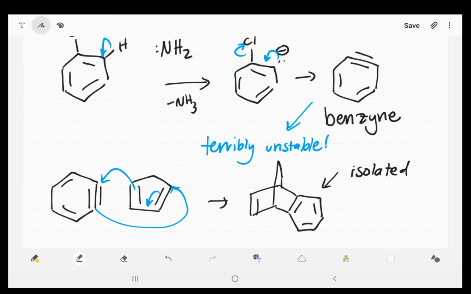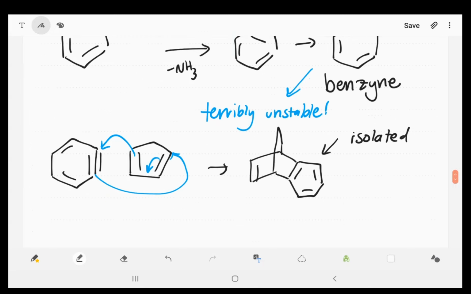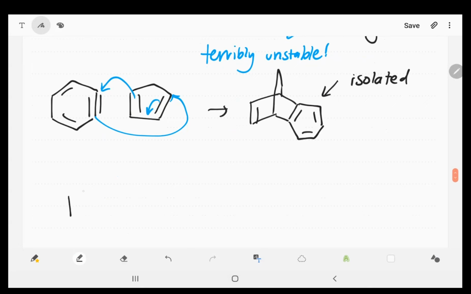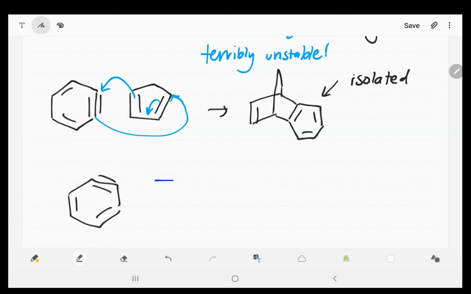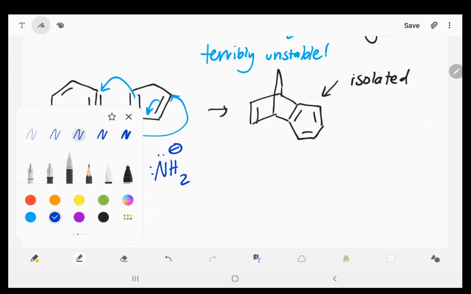And therefore, we can go ahead and react it. So let's go ahead and take a look at our benzyne. And I'm going to put it back up at that carbon because that's where I had it in our mechanism. Here comes our dear friend. Actually, probably it would be another amide ion. Be a little bit better of a nucleophile. Here we go.